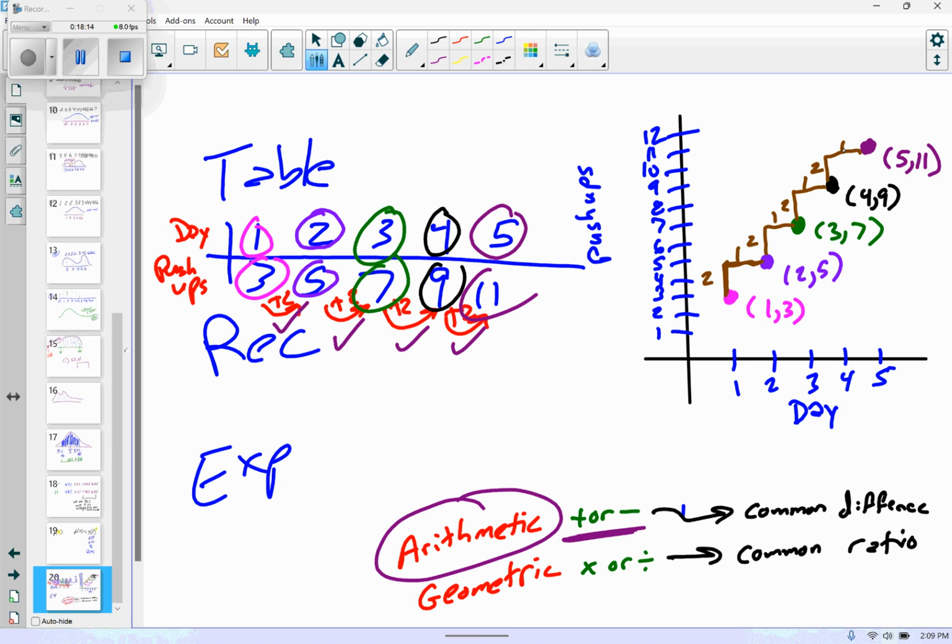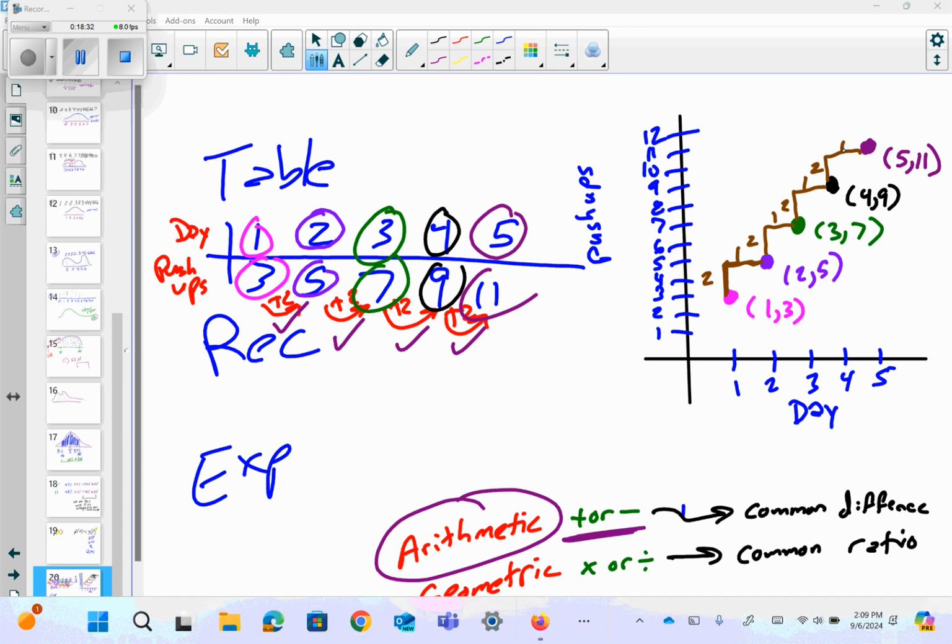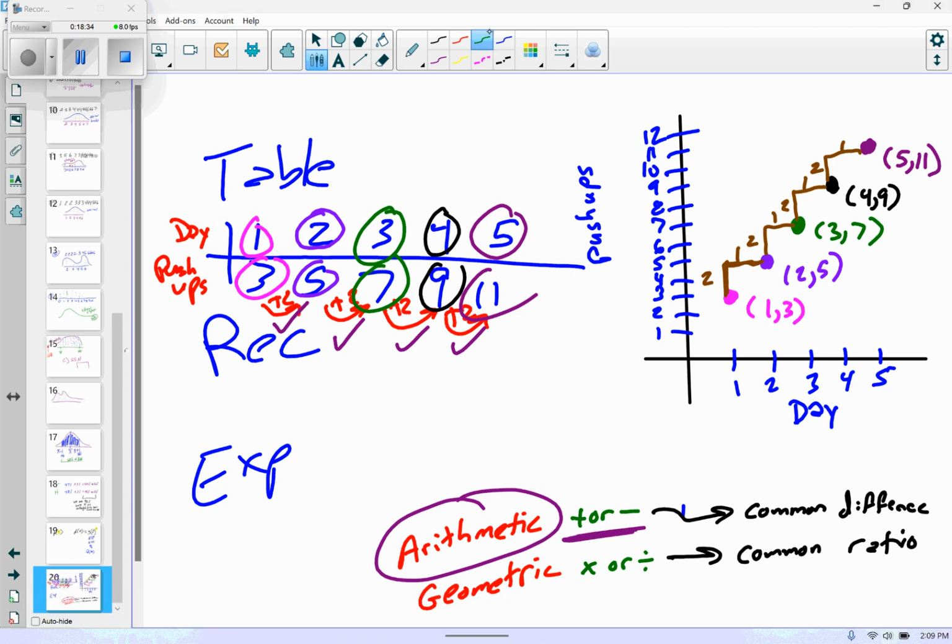So does everyone feel comfortable that this is taking place? So it's up and over. So theoretically, could I go up 2, right 1, up 2, right 1? Keep going. Hey, let me ask you something though. Could I do this?